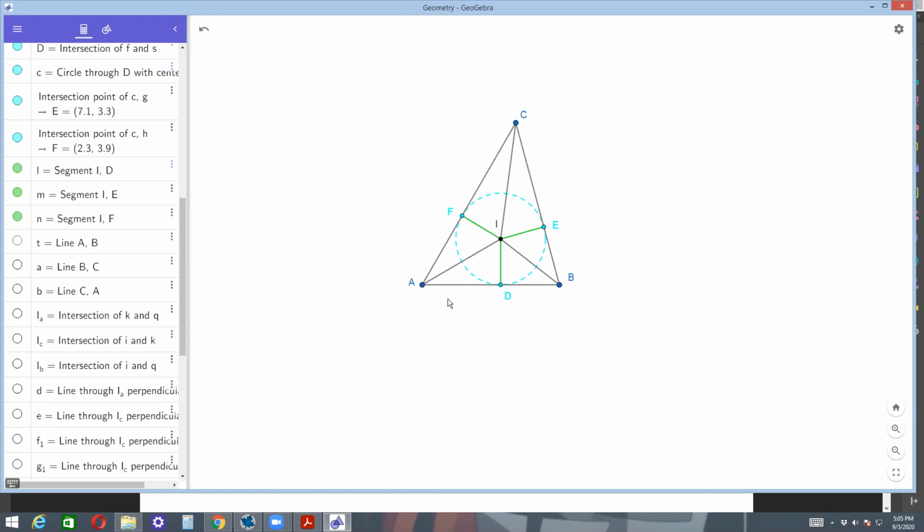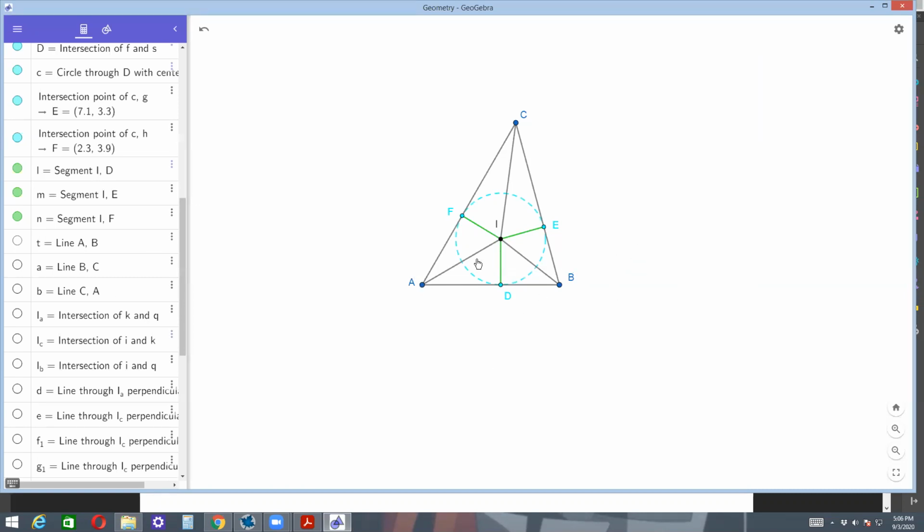So if you knew the inradius, if you know what DI is, the area would just be DI times this side plus this side plus this side, all divided by 2. You could try proving that if you want.